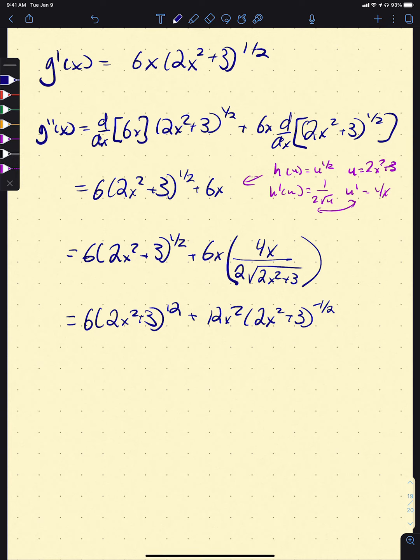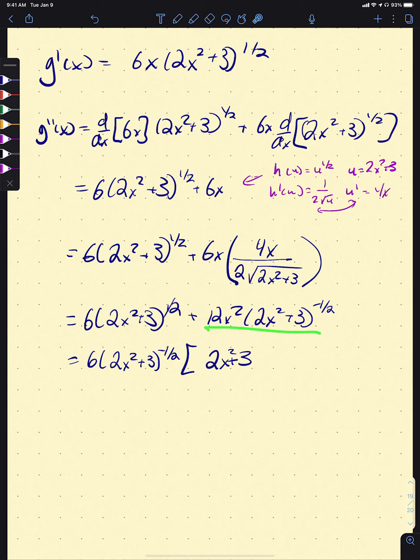And what that's going to allow us to do is we can now factor out a 6 times (2x squared plus 3) to the minus 1/2, right, from both of these, okay? And then out of this one we just get a single copy of 2x squared plus 3, right?